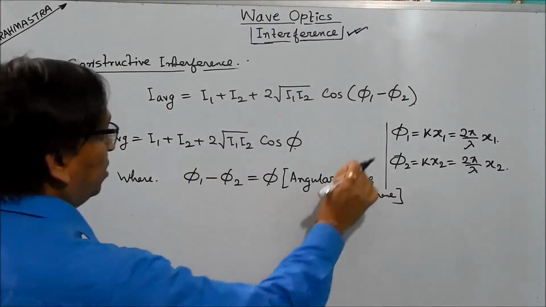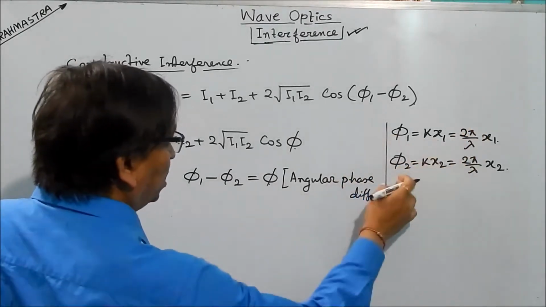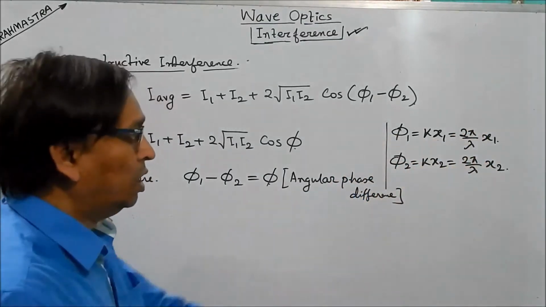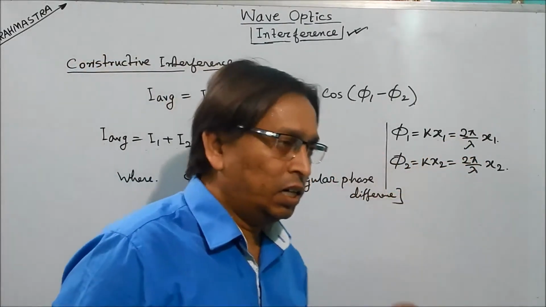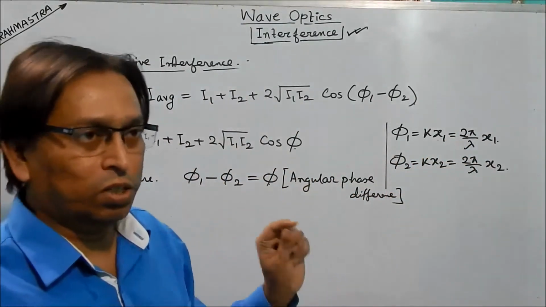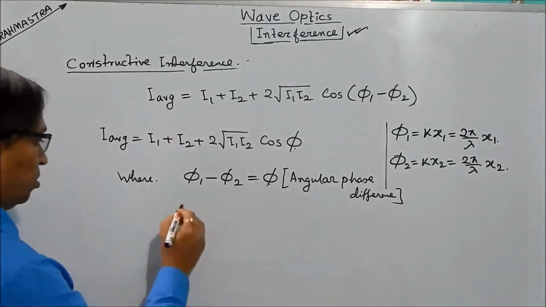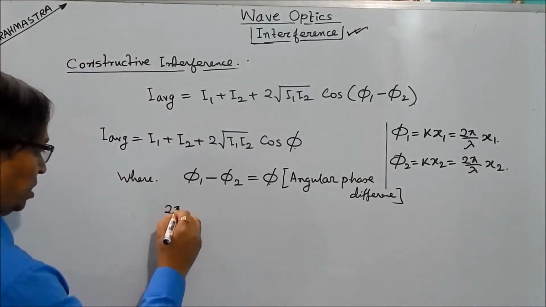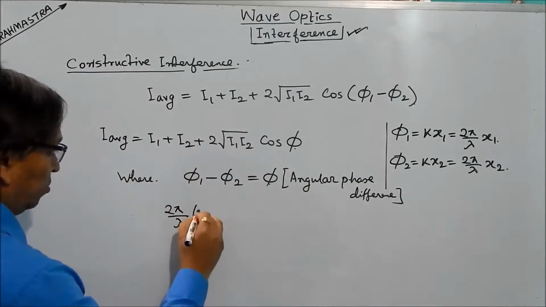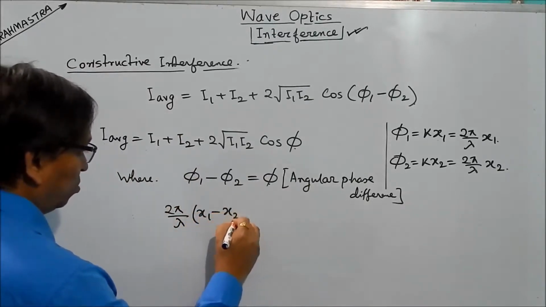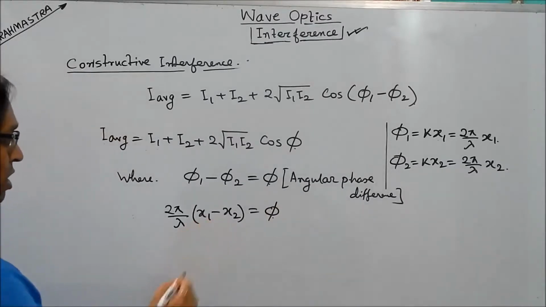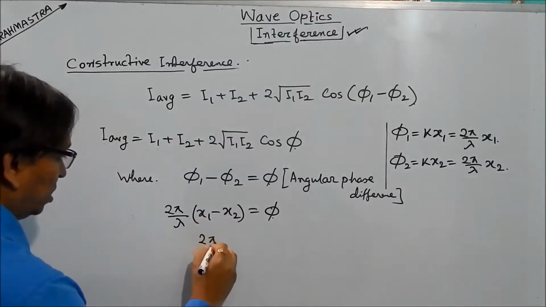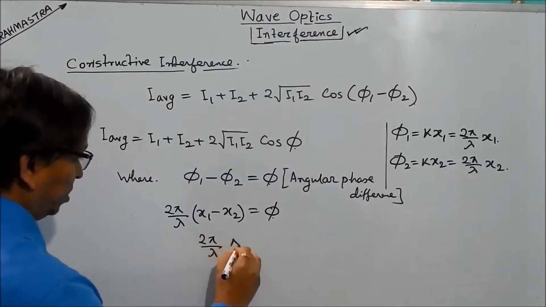Now what is phi 1? Phi 1 is this quantity and phi 2 is this quantity. Note that both are having same lambda because they are monochromatic. So if I take 2 pi by lambda as common, then we are getting x1 minus x2. This is equal to phi. So this x1 minus x2 is written as 2 pi by lambda into delta x.